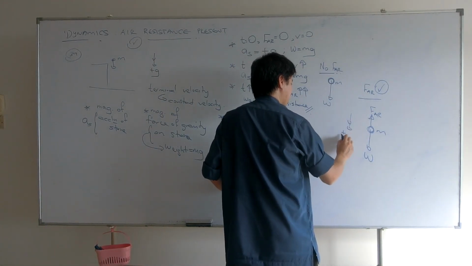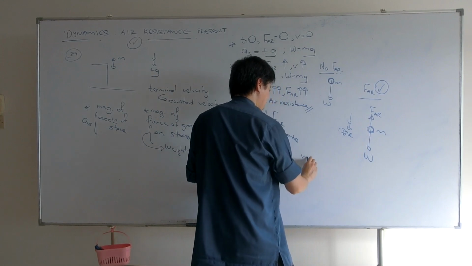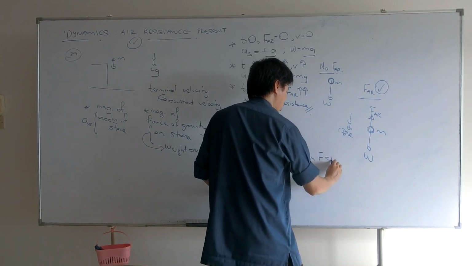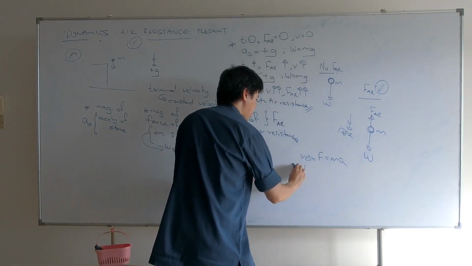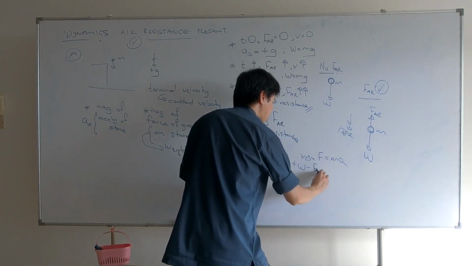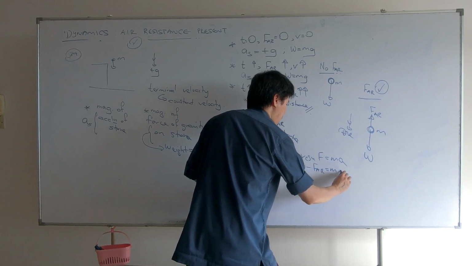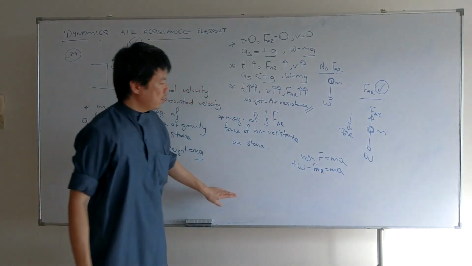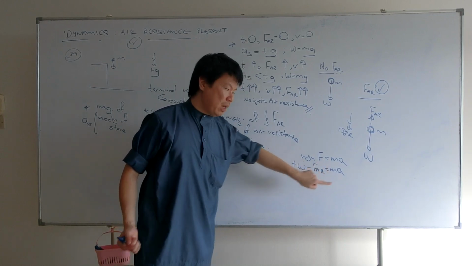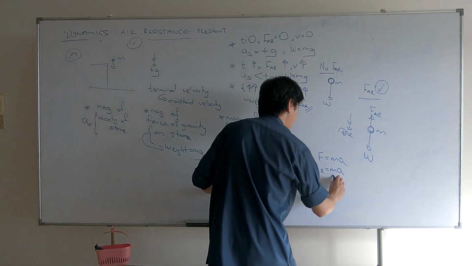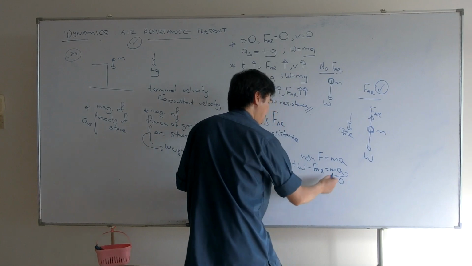Positive downwards. Resultant F equals ma. W positive minus air resistance equals ma. When these two are equal, what must ma be? ma will be equal to 0. Why?